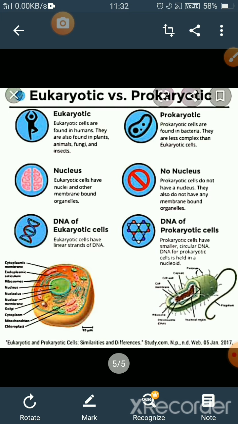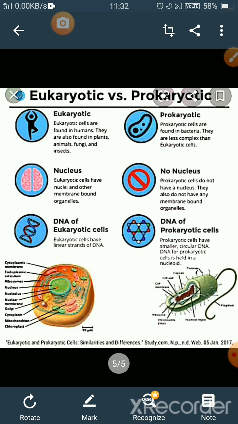Whereas on the other hand, prokaryotic cells do not have a nucleus and they also do not have any membrane boundary or organelles. Next, eukaryotic cells have linear strands of DNA, whereas prokaryotic cells have a single circular DNA.